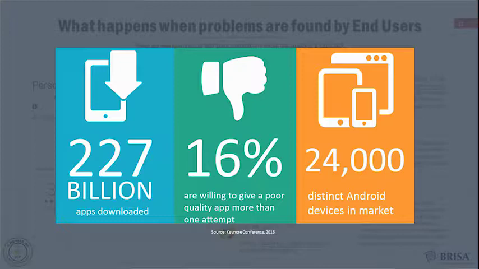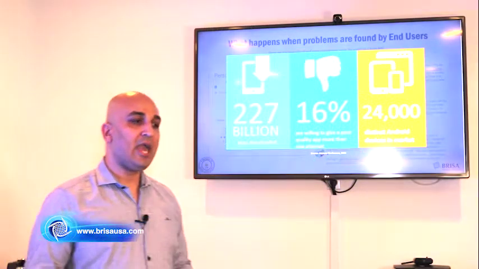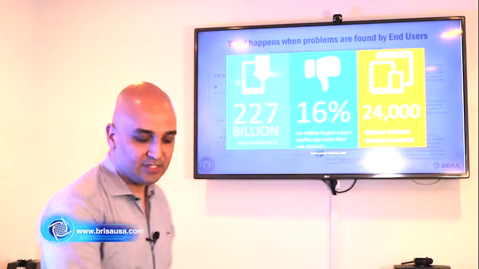And also, there were last year 24,000 distinct Android devices in the market. So it tells me the importance of automation because I can model 1,000 test cases, for example, and I can execute them on many different devices.